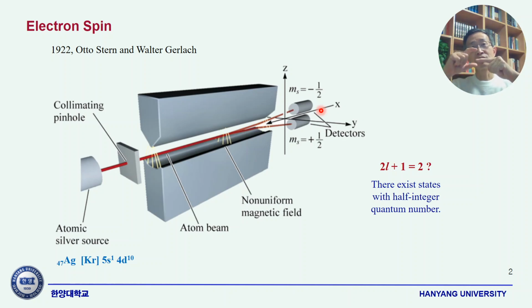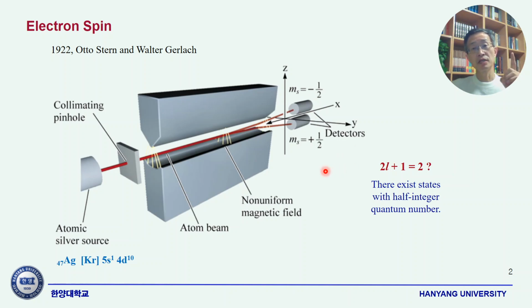So the distance from up to down or down to up is just 1. So it strongly reveals that the quantum number must be half integer. So in this case, those 2 are required to explain this experiment.